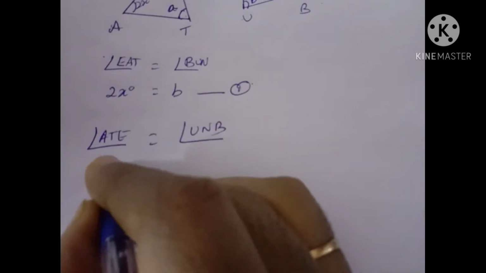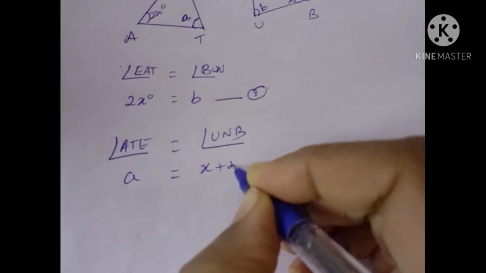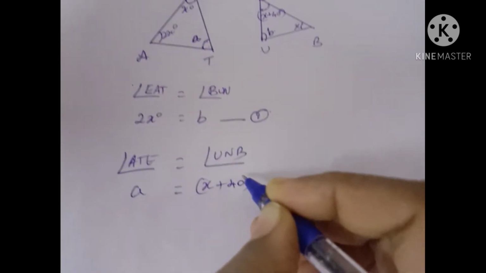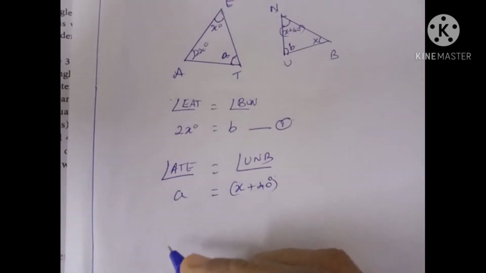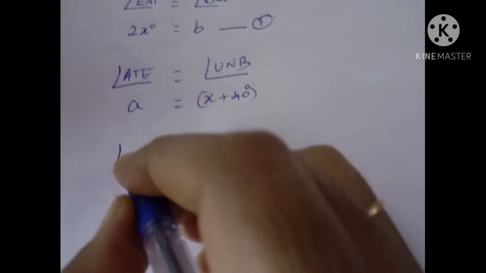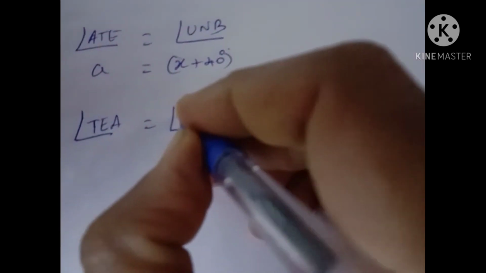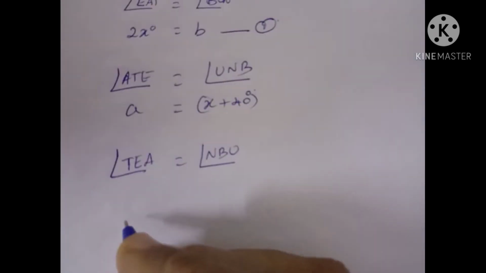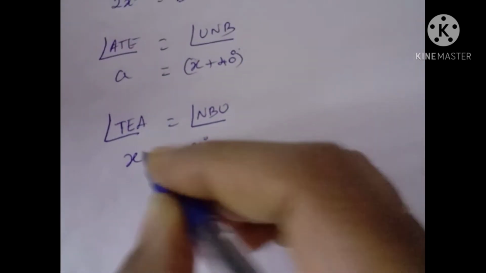We will assume it as A. Therefore, A is equal to angle N, which is x plus 40 degrees. And then the remaining angle is E. Therefore, angle TEA is equal to angle NBU, that is x is equal to x.